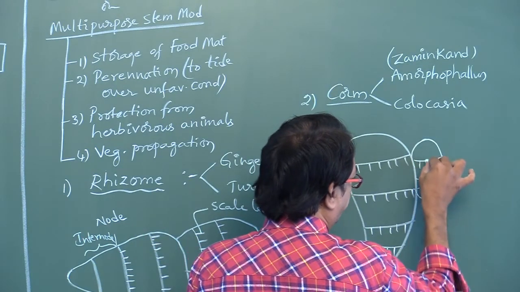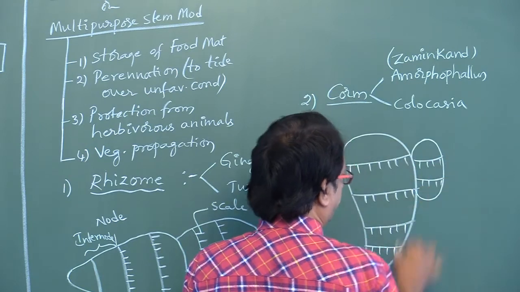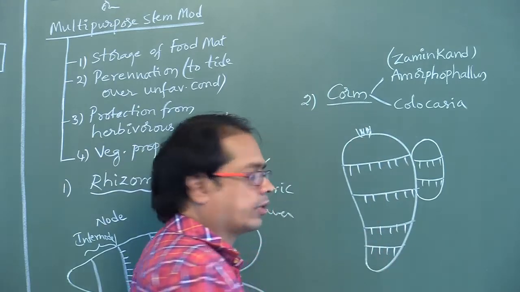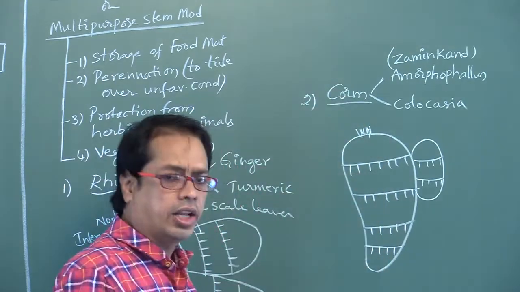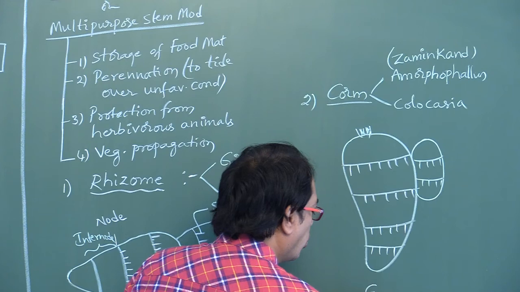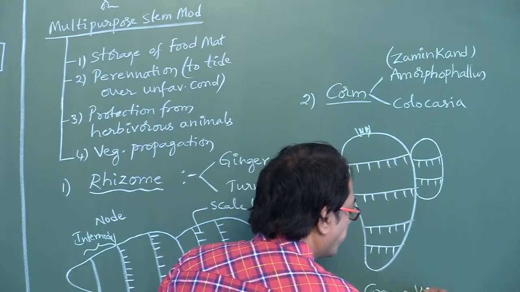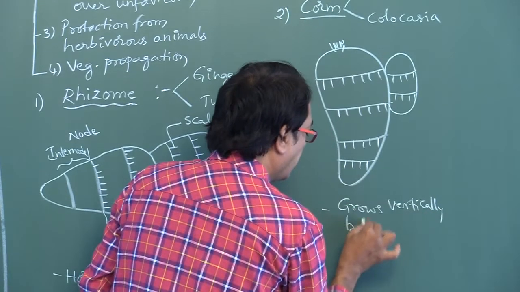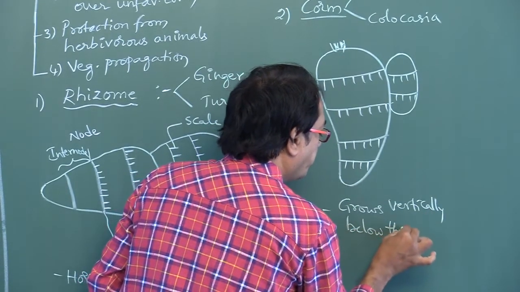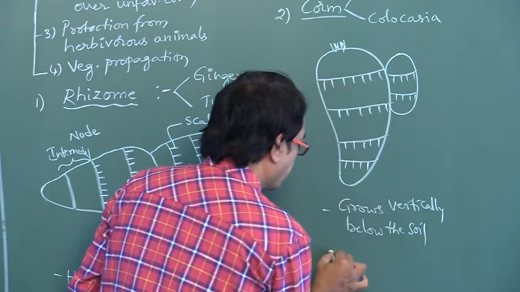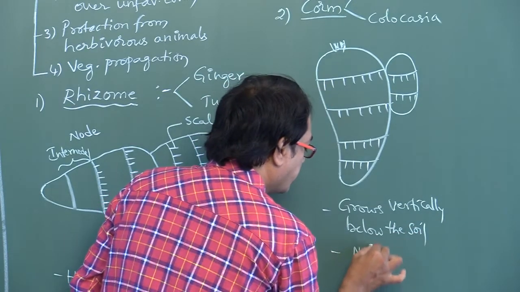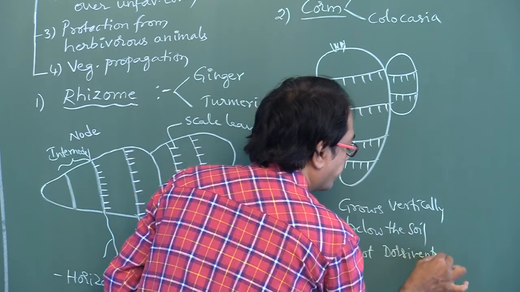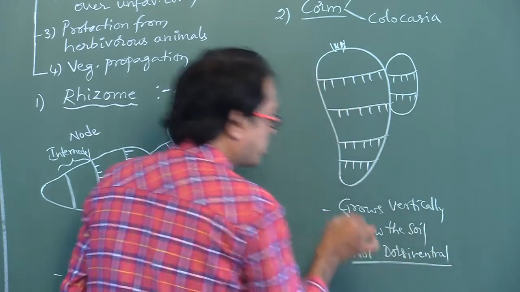It grows vertically below the soil, and it is not dorsiventral.